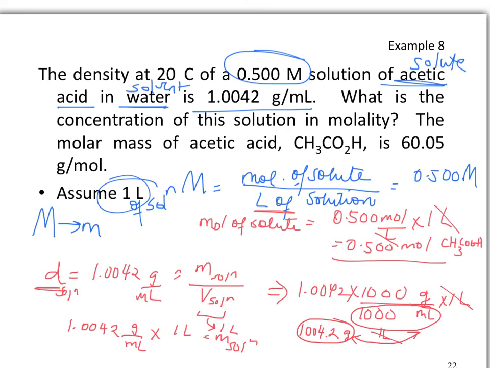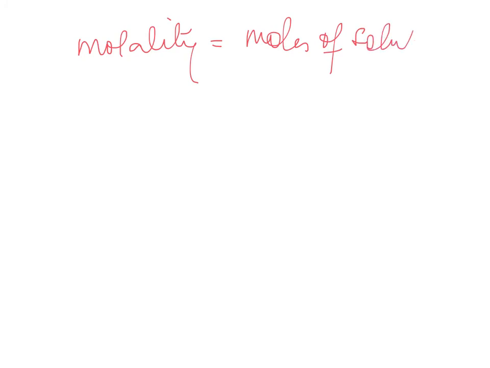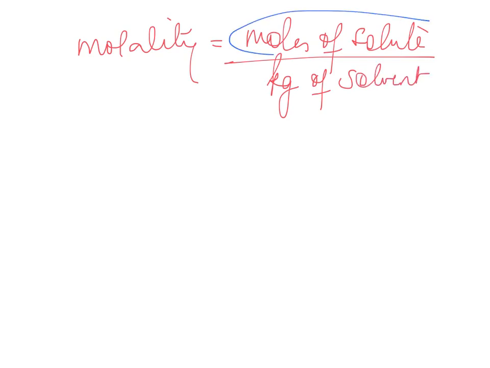Anyway, I'm supposed to calculate molality, and molality by definition is moles of solute per kilograms of solvent. We just determined the moles of solute a couple minutes ago, because we had assumed the 1 liter of solution. We know that this is 0.500 moles. So if by some means I'm able to determine the kilograms of solvent, I'm in business.